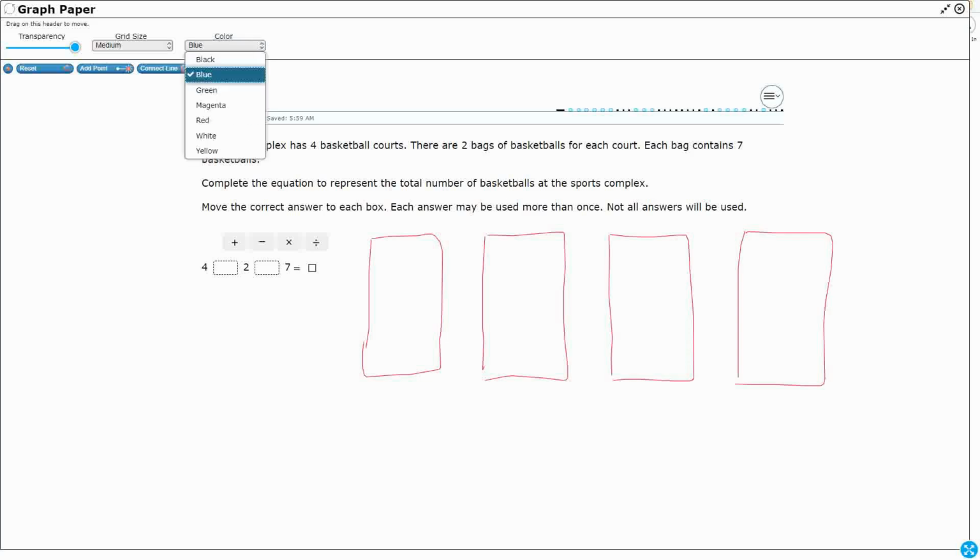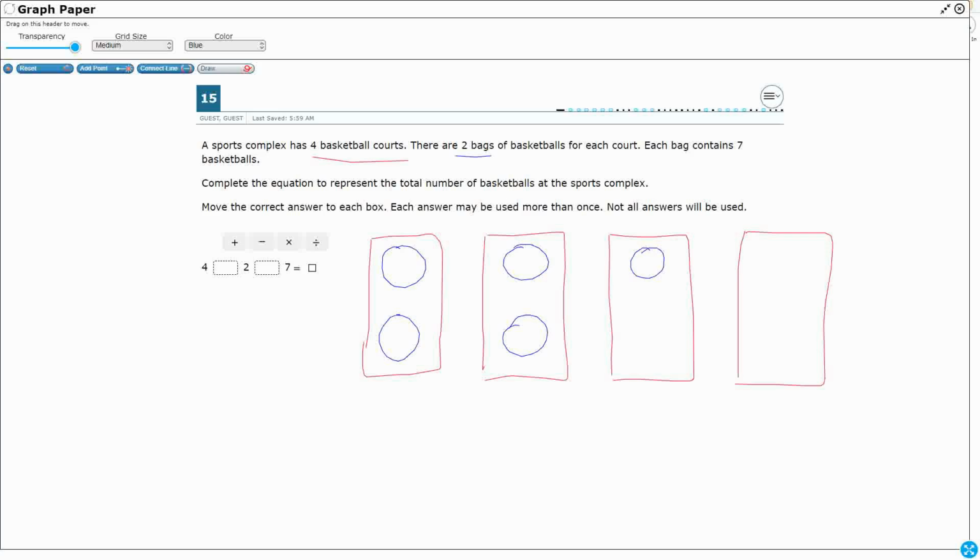And this visual representation is going to help me keep my thinking straight. So I've got my 4 basketball courts, those are in red. Now, what do we know about what's on those basketball courts? There are 2 bags of basketballs for each court, so I'm just going to draw 2 big circles on each basketball court. I've got 2 bags on each court.